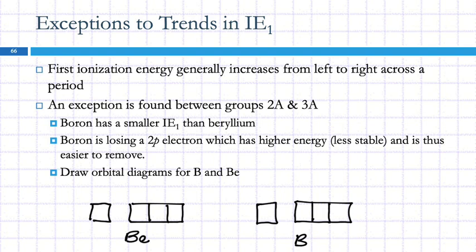How many valence electrons does beryllium have? 2. So those are going to be in that 2s orbital. This is 2p. And how many valence electrons does boron have? 3. 1, 2, 3. Again, this is 2s and 2p. So when we're ionizing beryllium, we're removing a 2s electron.